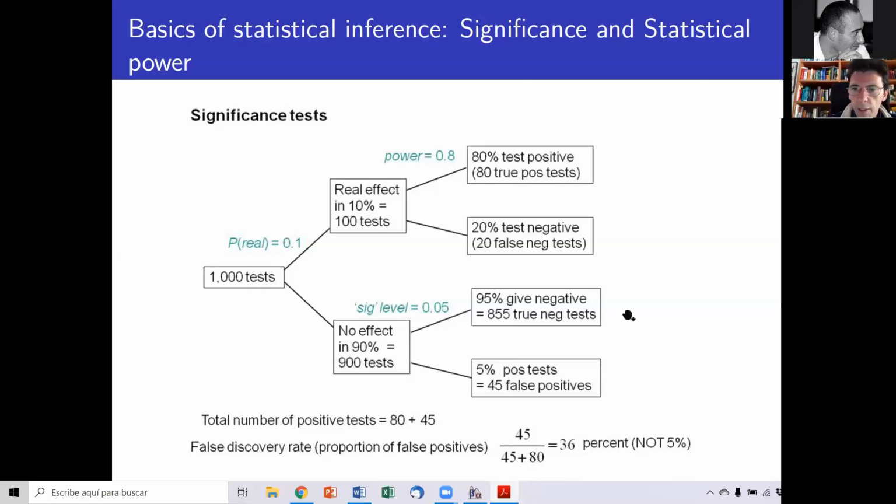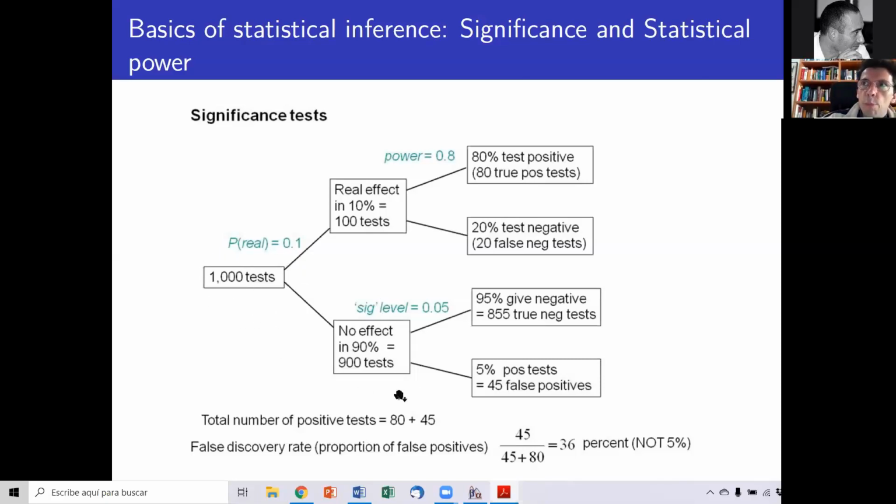And this is something that we are not aware of when we are doing tests. Maybe you are not doing 1,000 tests at a time, and then probably you don't become conscious about this problem. But if you are doing experiments over 10 years, you have done many tests.